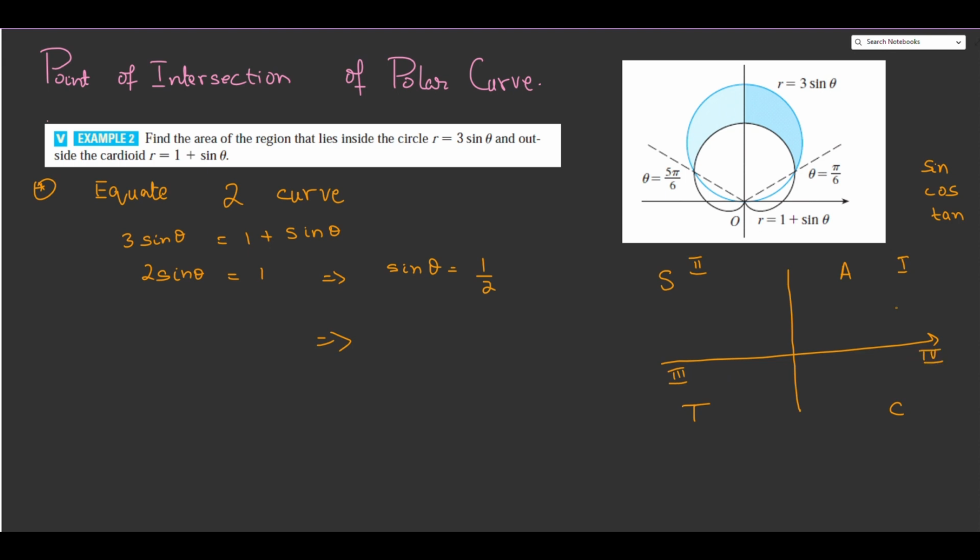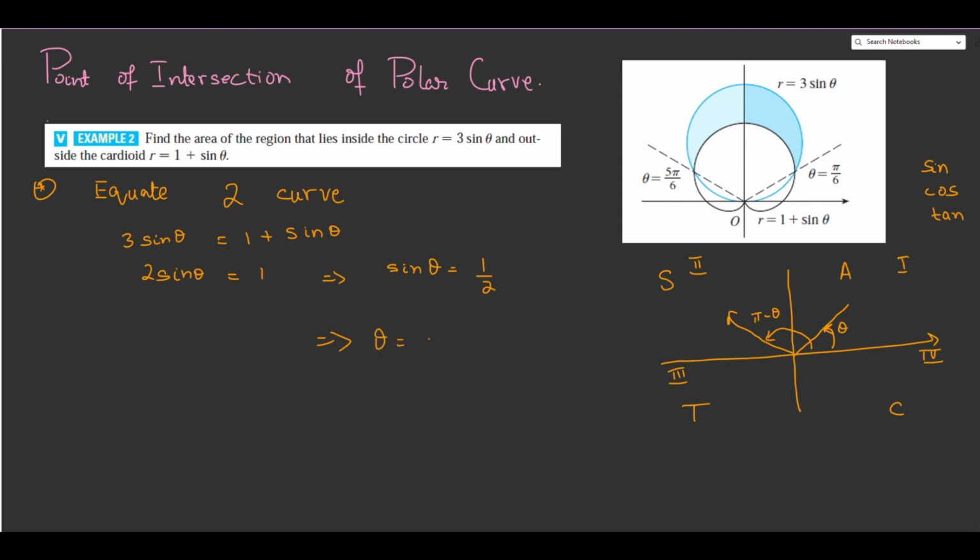The sine is positive in the first and the second quadrant. So if in the first quadrant the angle is theta, then in the second quadrant it will be pi minus theta. So from here we get two values of theta.